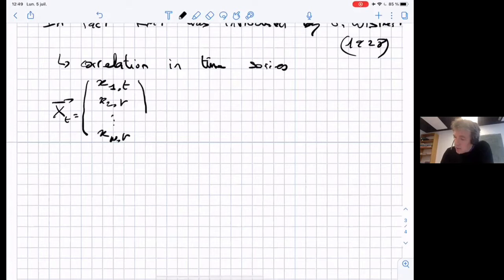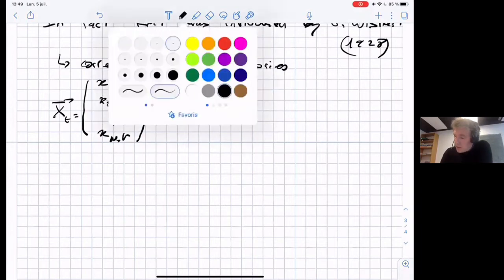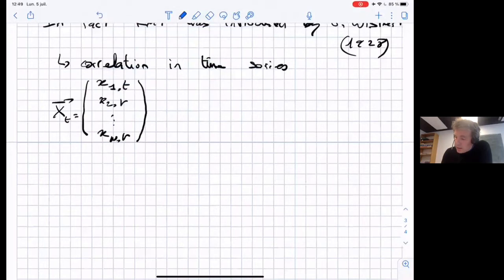So typically, these x_i of t might be the price of stock i at time t. So you might think of x of t as a kind of portfolio. You can also think of x_i of t being, say, the temperature in the city on day t, for instance. So that can be the stock price, that can be daily temperature.